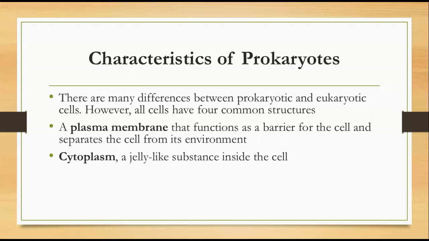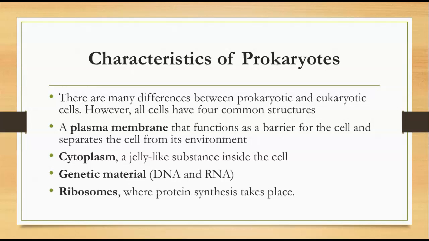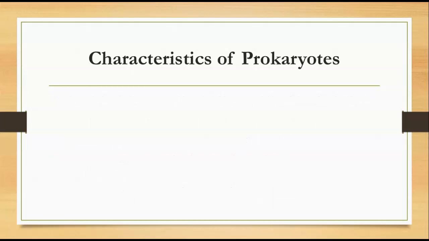Cytoplasm, which is a jelly-like substance inside the cell where everything's kind of floating around. Some form of genetic material, either DNA like in our cells and most other animals, or RNA, and ribosomes. Ribosomes are the organelle where protein synthesis takes place, where messenger RNA is read and amino acids are linked together to form proteins. Okay?